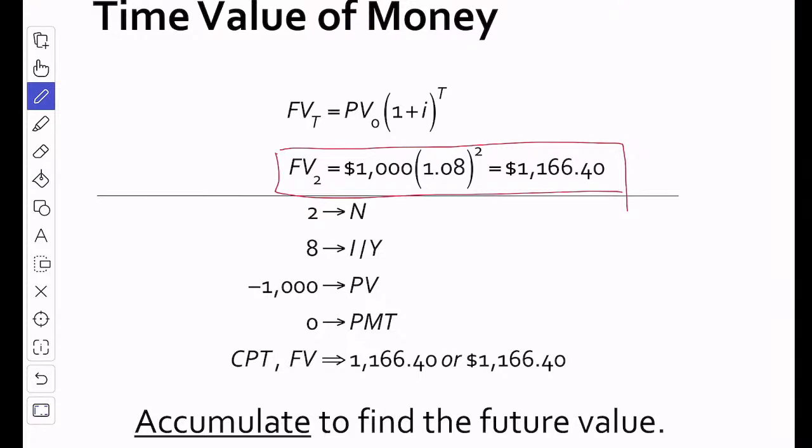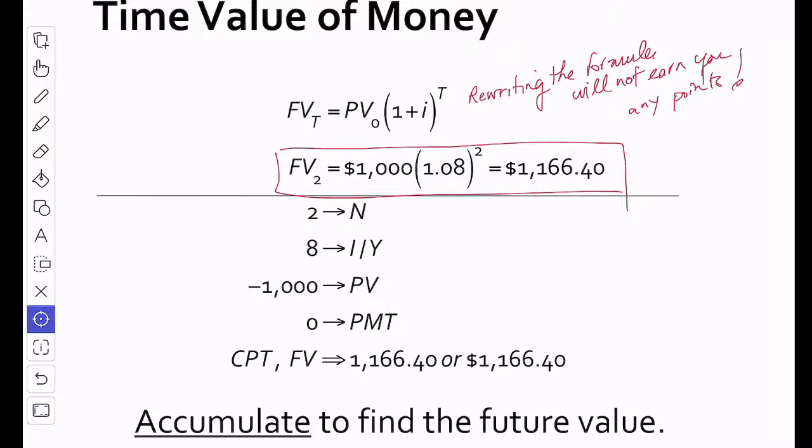If it's a very complex problem, show me a timeline. But rewriting the formula will not earn you any points on a test. Okay? I want to see this. The formula with the values entered and the answer.